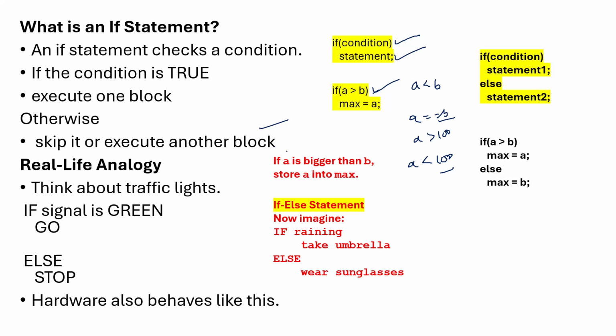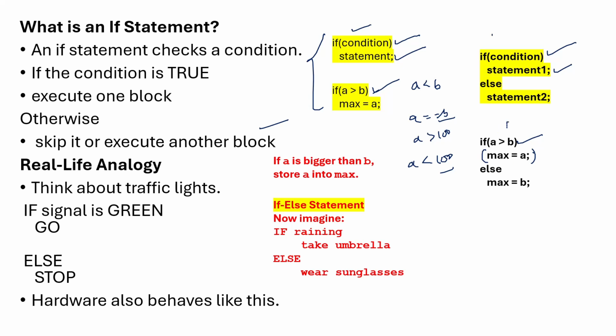That means this is used for large conditions. Suppose one condition is true, execute one statement. Otherwise, it goes to the other statement. Sometimes we have the if else condition. If else condition means if the condition is true, one statement is executed. That means if A is greater than B, I will get the statement max equal to A. That means A is the maximum value.